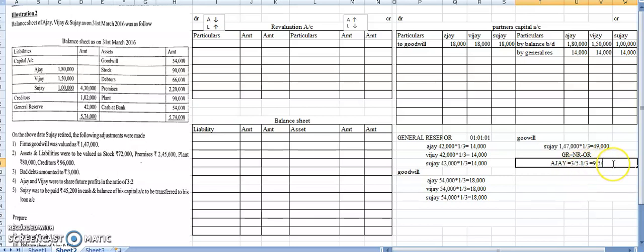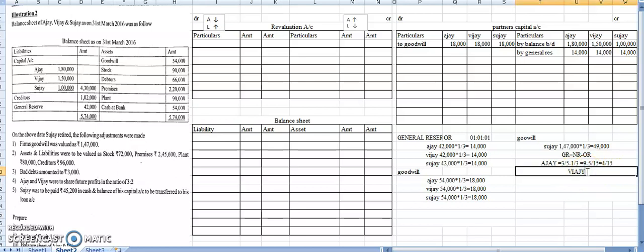So we need to do the cross multiplication, so the answer comes to 15. So the final answer comes to 9 minus 5, the answer is 4 upon 15.